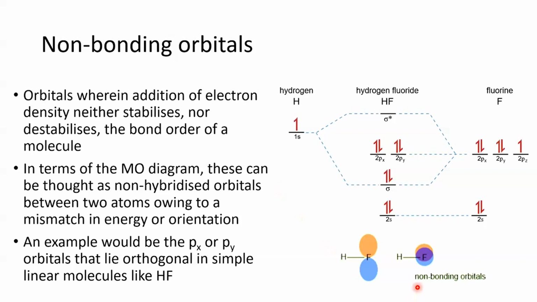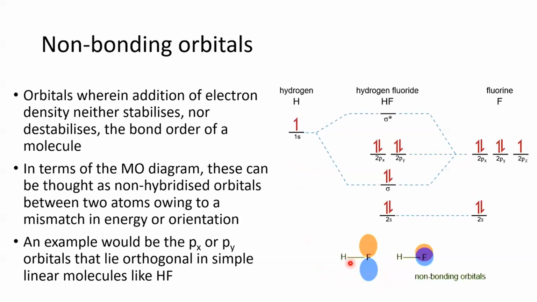So a good example of that is the molecule HF, hydrogen fluoride. We are bringing together a hydrogen atom, which has a 1s orbital, and we're combining that to fluorine, which has a 1s, but it also has the 2s, 2px, 2py, and the 2pz. Now, in this example, the hydrogen is approaching along the z-axis.